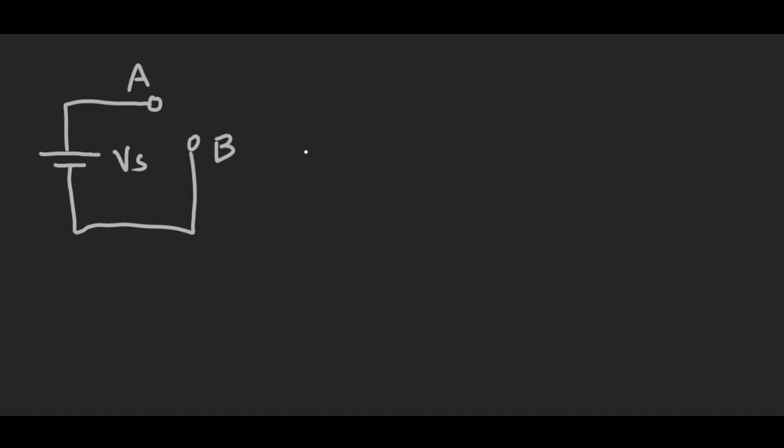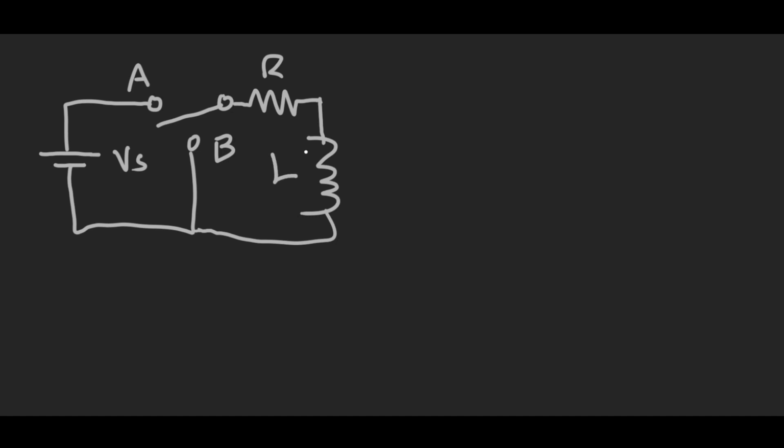Let's now consider an RL circuit. Here we have the voltage source, Vs, point A, point B, a switch that can connect to point A or point B at any given time, and here we have a resistor, R, and an inductor, L, hence RL circuit.